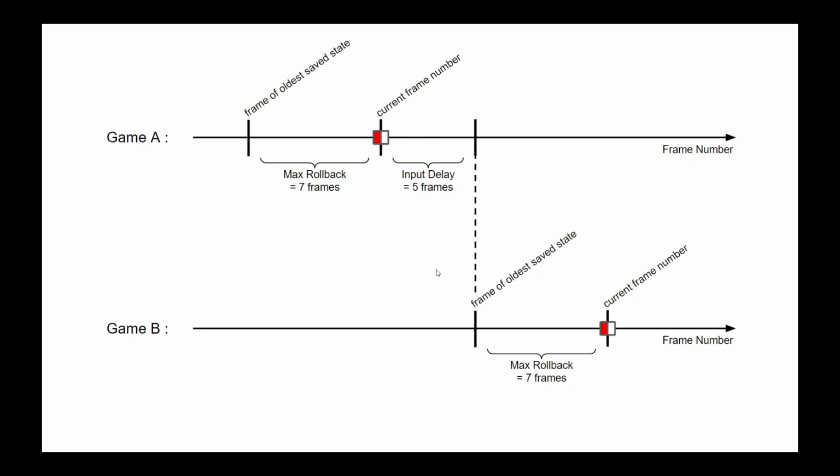Here, we have the same scenario, but with our rollback netcode. The games are far apart in terms of frame number, and game A has not received any inputs from game B. However, when game A does not receive any inputs, it continues forward on temporary guessed inputs for as many frames as it can resimulate later, sending inputs to game B during this time.